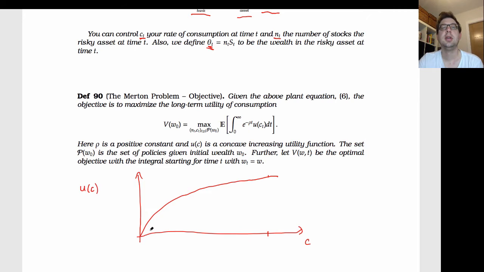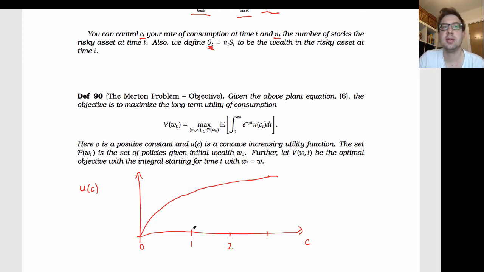Notice also this utility function can be used to give us ideas of risk. Let's say I had £1, and I could make a bet that would double my wealth to £2 with probability of half, or would halve my wealth to 0 with probability of half.